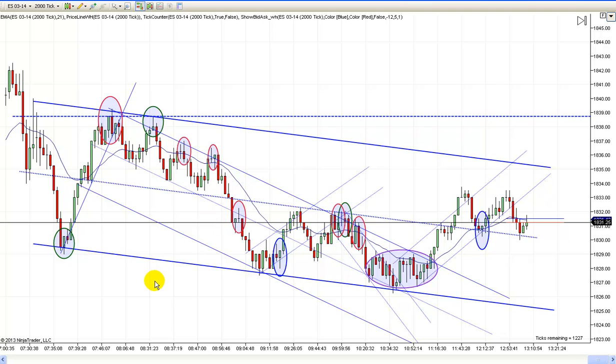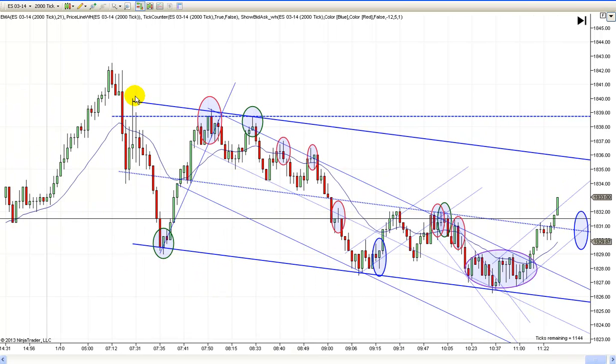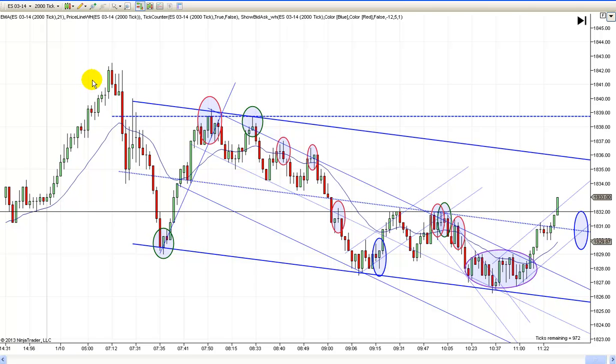I hope this is not too messy, but if you came in when I did a little bit before 7, there's a clear 2 legs down. This is a little bit aggressive because there was nothing here yet to lead you to believe that this was going to be a trading range day. But when you get almost a perfect 2-legged move down and a big reversal bar that's that far away from the EMA, prices are probably coming back to the EMA.